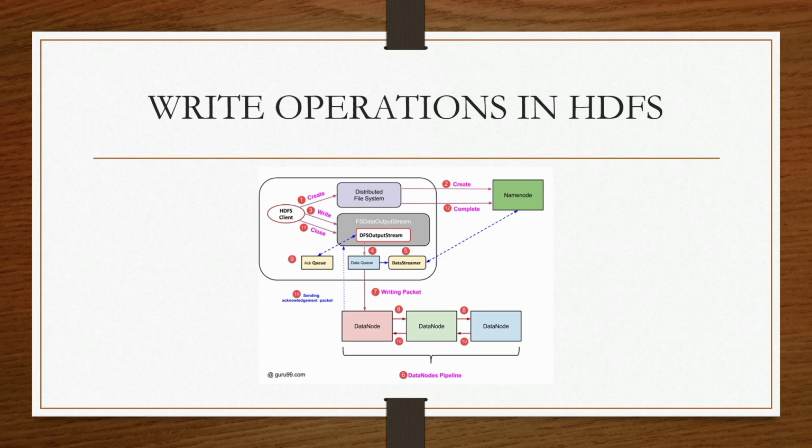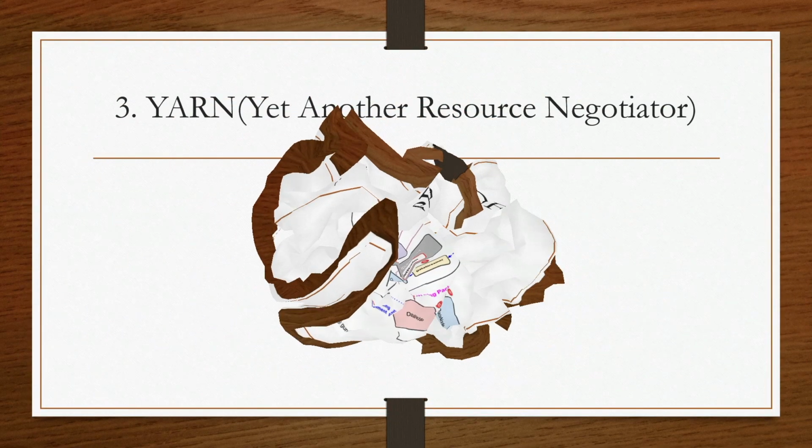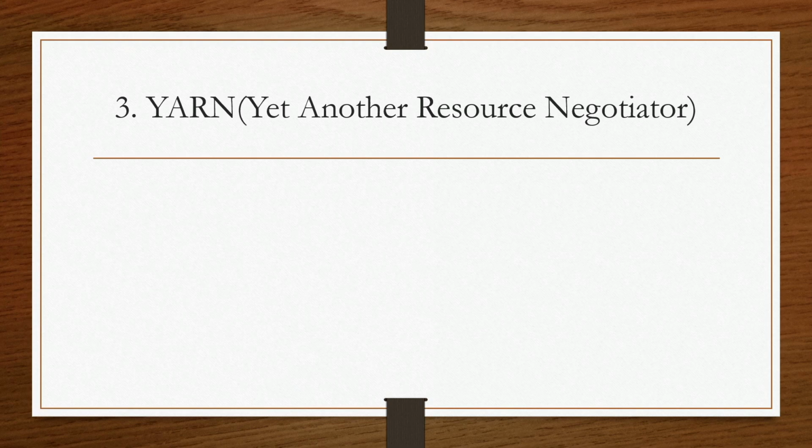Now we are going to discuss the YARN process, Yet Another Resource Negotiator. YARN is a framework on which MapReduce works. YARN performs two operations: job scheduling and resource management.